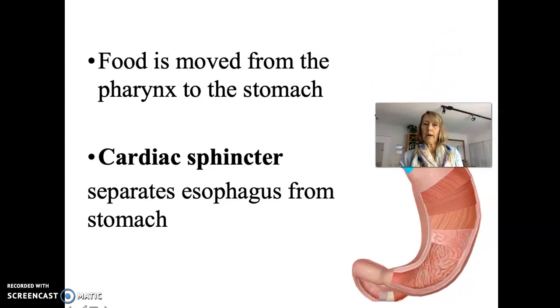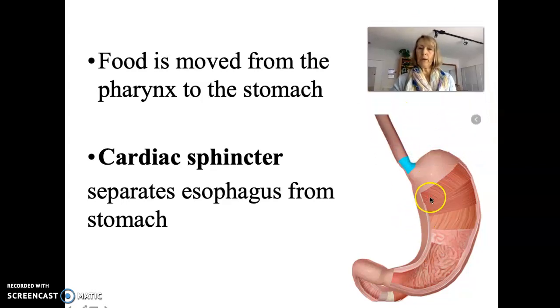Now, you don't want food to be going back up where it came from. So there is a sphincter there called the cardiac sphincter. And the sphincter is where the muscles can actually contract and not let food go back up where it came from. Acid reflux is a condition where the food does go back. You don't want it to do that because the pH of the stomach is around 2, and it's very protective here.